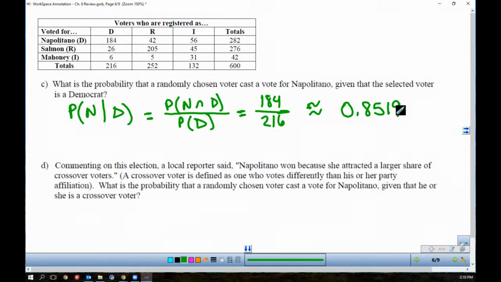A crossover voter is defined as one who votes differently than his or her party. So it'd be like a Democrat voting Republican or Independent, for instance. What's the probability a voter casts a vote for Napolitano given that they were a crossover?